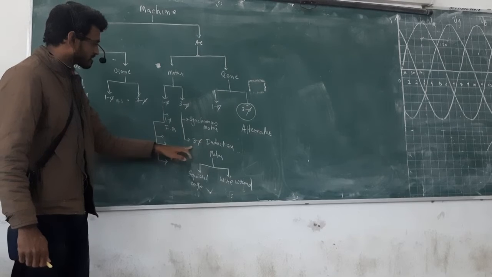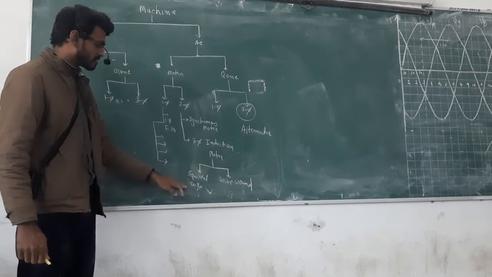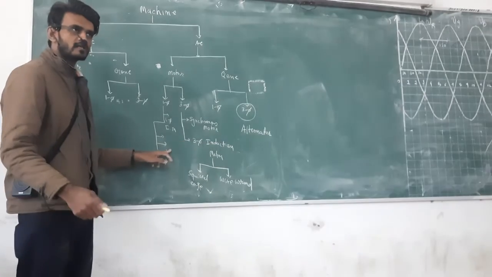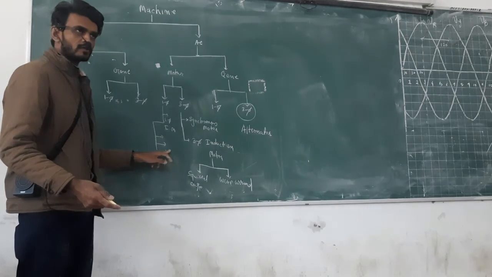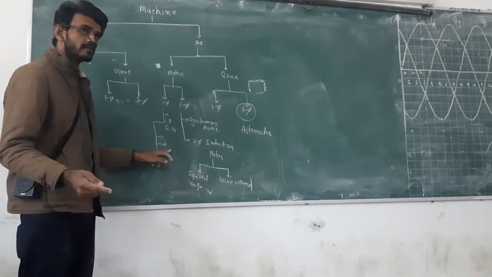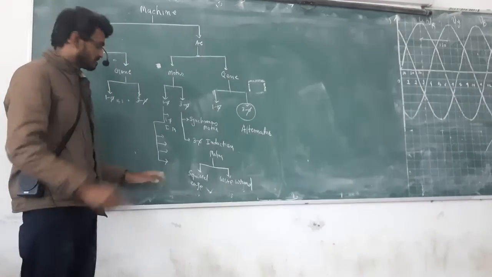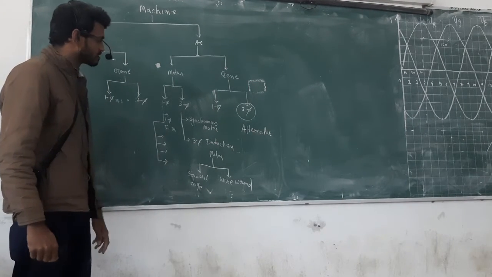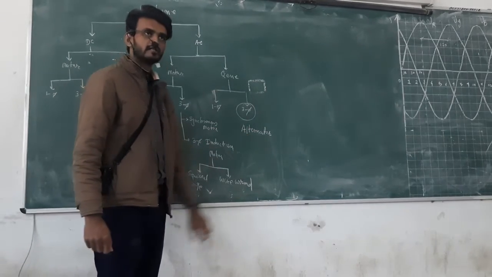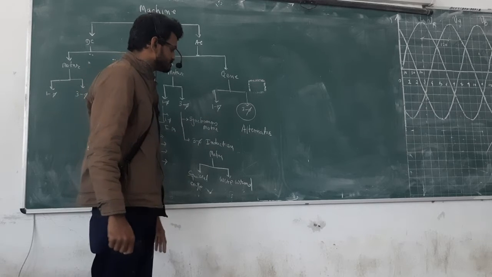Synchronous motor is there, three-phase induction motor is there, and three-phase induction motor has two types, squirrel cage or wound rotor. Single-phase induction motor types we will see: capacitor start, capacitor run, and capacitor start capacitor run motor. Those motors are used in single phase. That is the working of the single-phase induction motor. And then there will be three-phase generator, which is alternator. Single-phase generator is also there, AC.